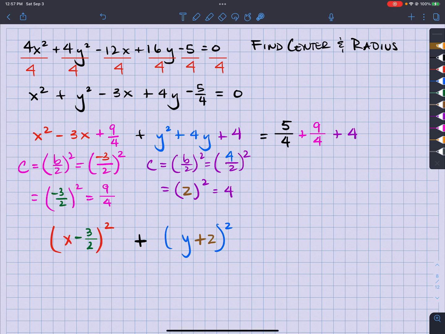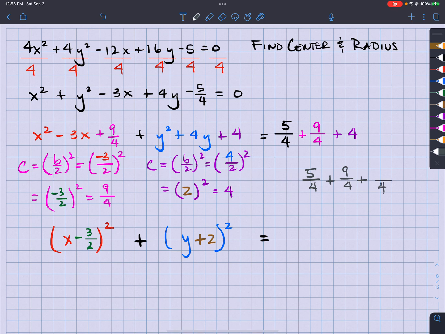All right. So on the right side, however, I have to add all of these together. So let's do a little math here. I have 5/4 plus 9/4, and the 4 also has to have a denominator of 4.